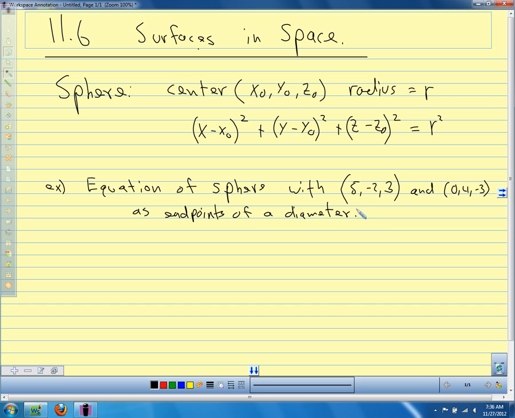I don't want to go through the solution, but what would we do? Find the midpoint of those 2 points, and that would be the center of the sphere.